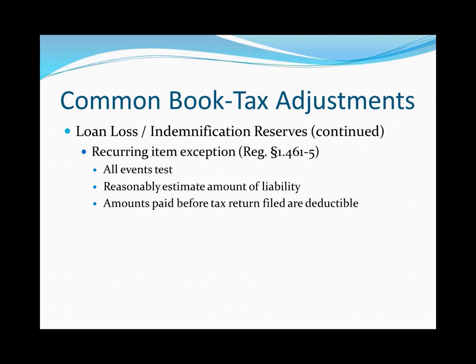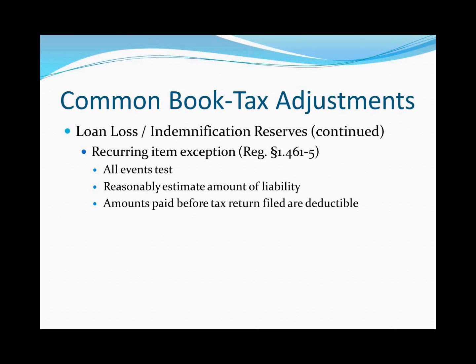The other thing that has to be met by 12/31 is that you have to be able to reasonably estimate the amount of the liability. So if you've come to an agreement, or you acknowledge that there is a liability associated with an indemnification, and you can reasonably estimate the amount of that liability, then there's an opportunity to use the recurring item exception.